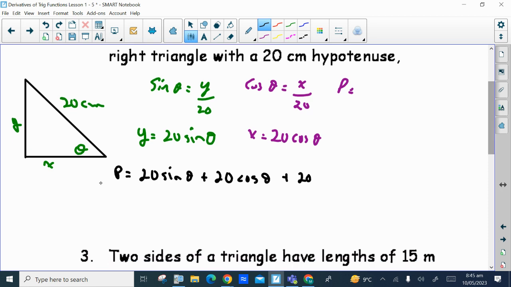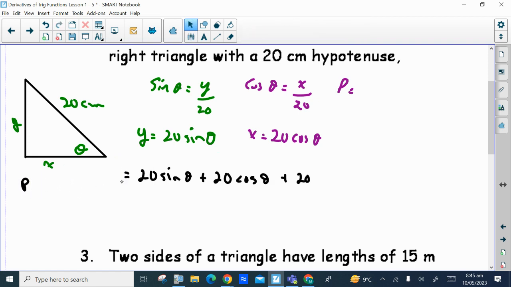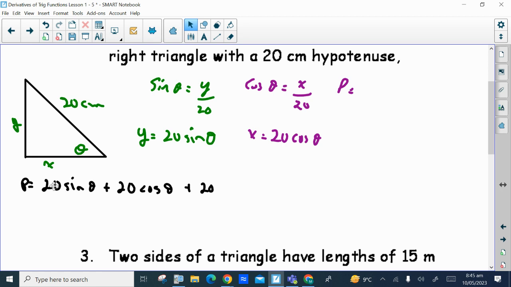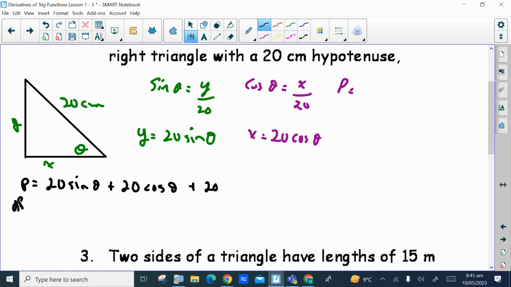So we differentiate. It'll be dP by d theta. The derivative of sine is cos, so that'll be 20 cos theta.